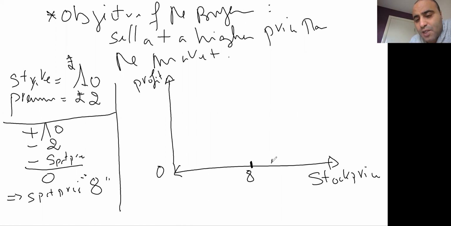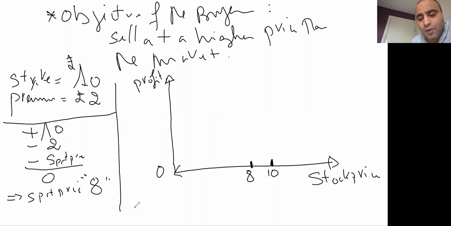Now, the strike price, we said, is at 10. So if the strike price is 10, what is the profit of the buyer? Let's imagine that the spot price is also 10.